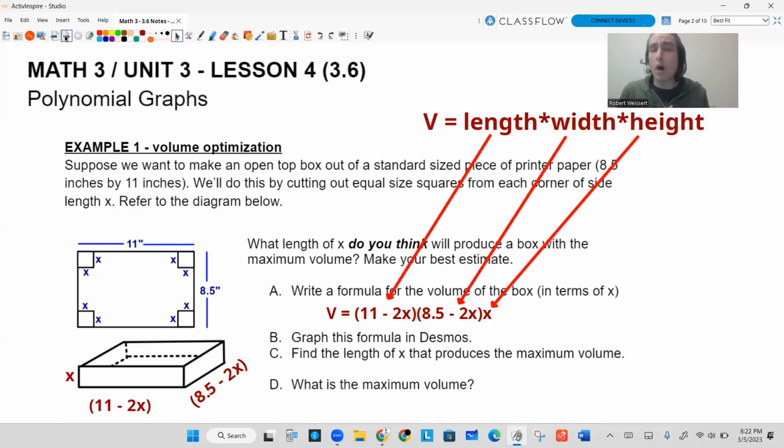So our formula, write this down, is going to be 11 minus 2x, because we're taking two lengths of this x away from the 11, and we're taking two lengths of this x away from the 8.5. So 11 minus 2x, 8.5 minus 2x, and then x because x is our height. We're going to graph this formula in Desmos and find the length of x that produces a maximum volume and figure out that maximum volume.